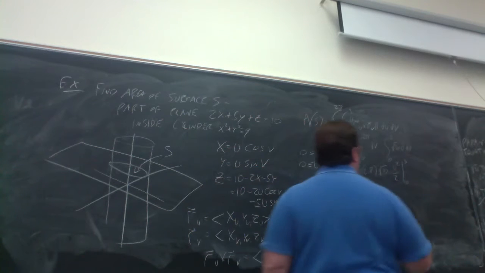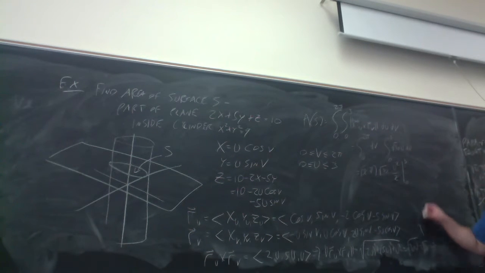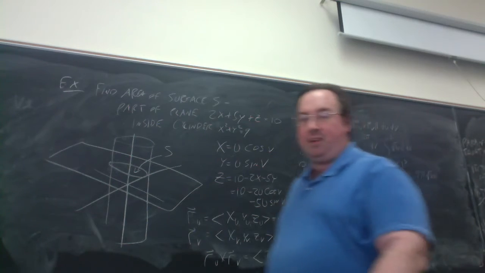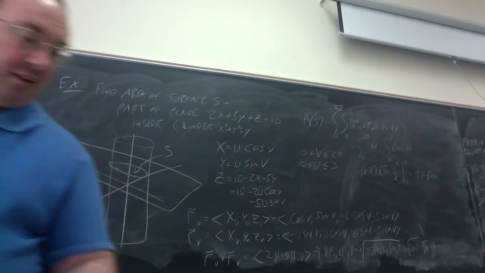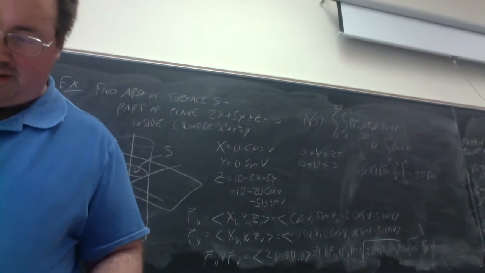Okay, so then these cancel out. You plug in the limits and you get 9 pi times the square root of 30 units squared, so that's the area of that surface.